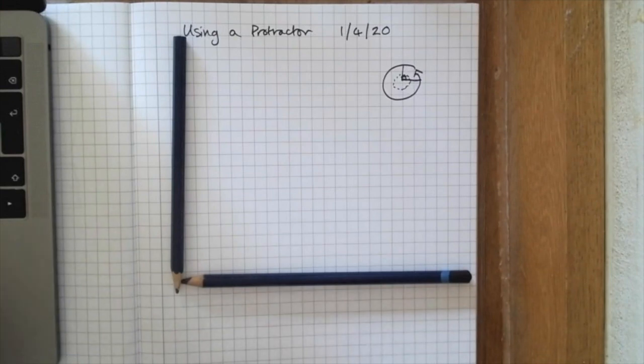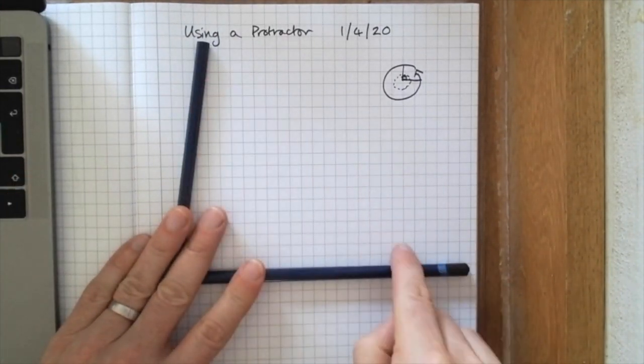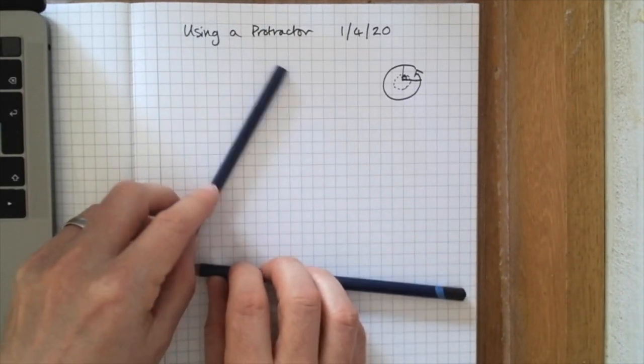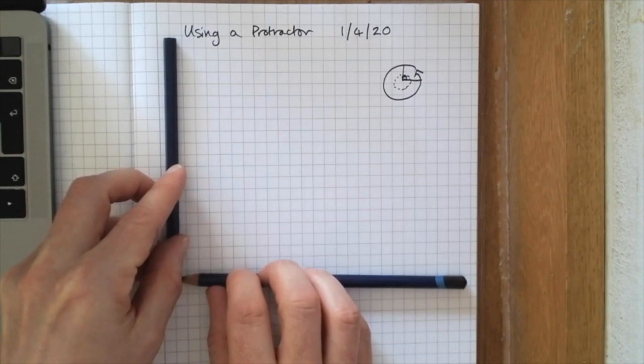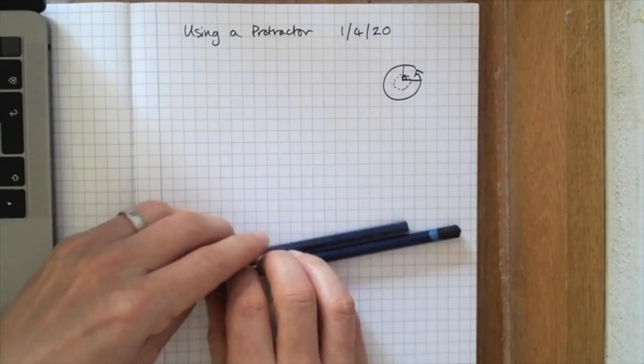So that's what I want you to think about. We're not measuring the distance between these 2 points. We're measuring how wide the door is, if that's not too strange an analogy.